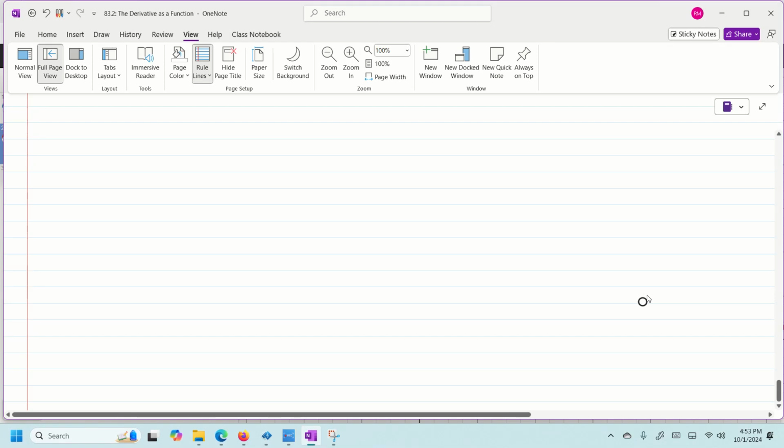Let's look at some common notation for derivatives. Well, we already saw that we can refer to the derivative with this f prime notation.